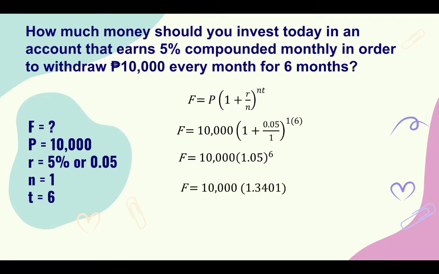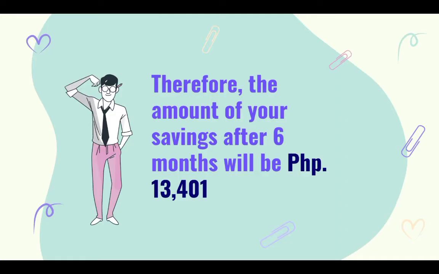Okay, so 10,000 times 1.3401. The value would be 13,401. Therefore, the amount of your savings after 6 months will be 13,401.